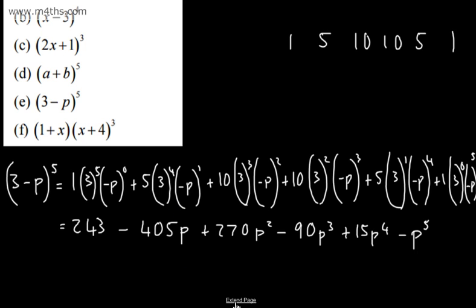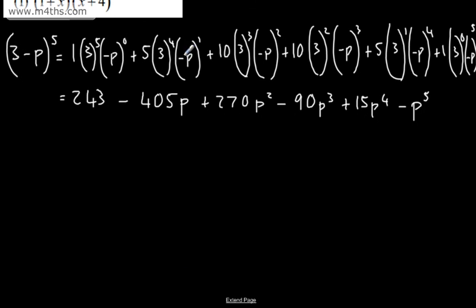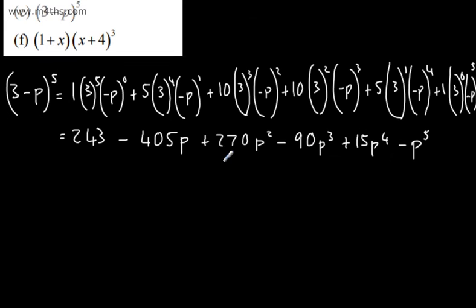If we just look here, when we have a negative and an odd power, the answer is negative. If we have a negative and an even power, the answer is going to be positive. If we have a negative and an odd power, the answer is negative. Look at that pattern.